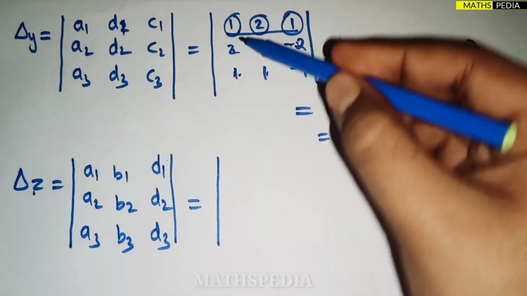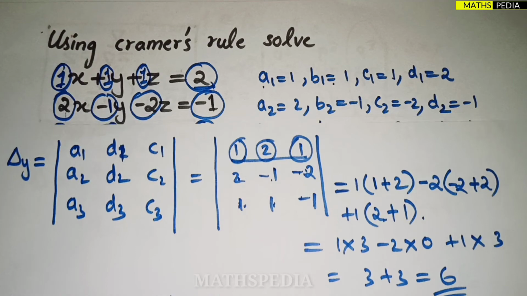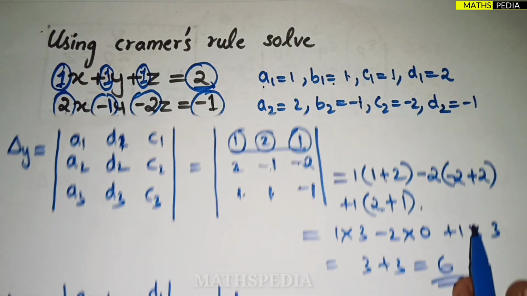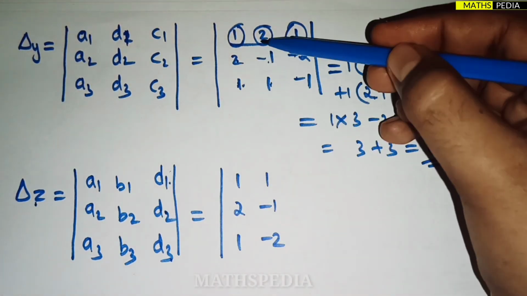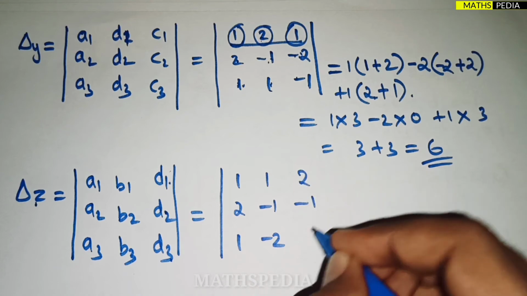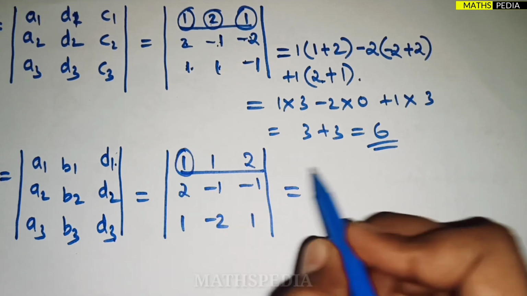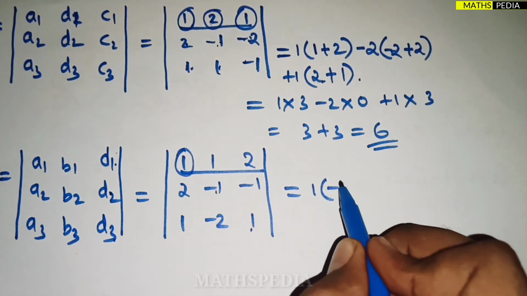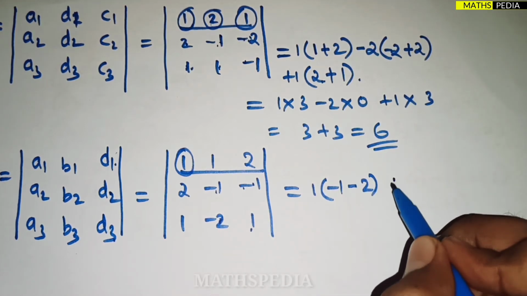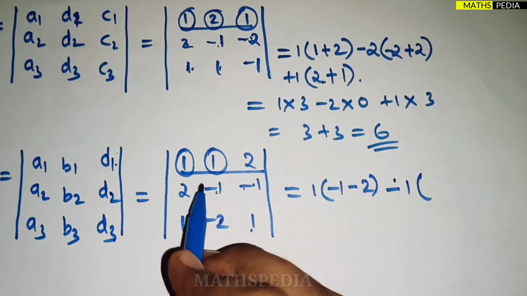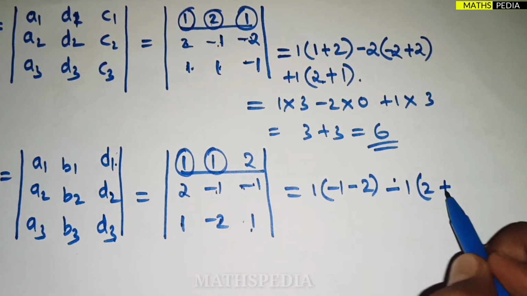So a1, a2, a3 is nothing but this term only, 1 2 1, then b1, b2, b3 you have to write. So it is 1 minus 1 minus 2, and d1, d2, d3 is nothing but 2 minus 1 1. Again the same thing, expanding through the first row, first element, 1 into minus 1 minus 2, so minus 2. Minus second element, ignore this column and row, 2 minus plus 1.